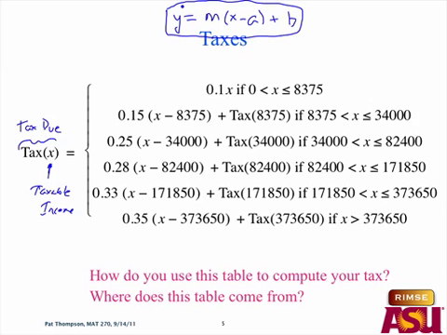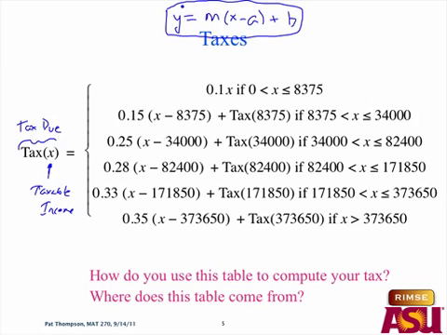So how does this relate to what you're saying? How does the m times x minus a plus b relate to what you're saying? M is the slope, which is your rate of change. So your 0.15 is how much it changes.